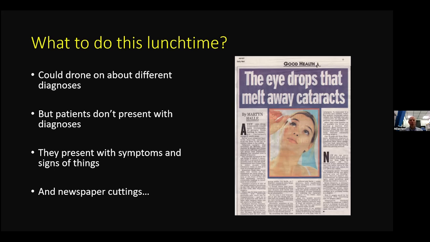What you've got to do with your skills is to sift through all of those things to get to the root of the problem.